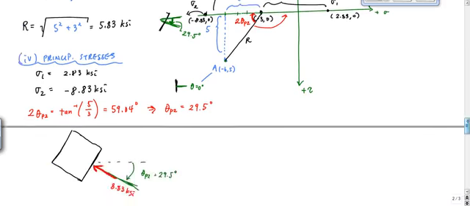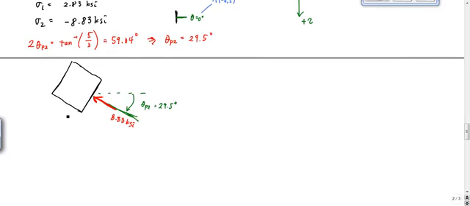So if I go clockwise 90 degrees, I get to this face right here. Bam. And that's my sigma 1 face, and this is 2.83 KSI. And I would have 2.83 KSI over here by equilibrium, and right here, 8.83 KSI. Like that. And this would be my principal stress state. Awesome. Yeah, that's my principal stress state.